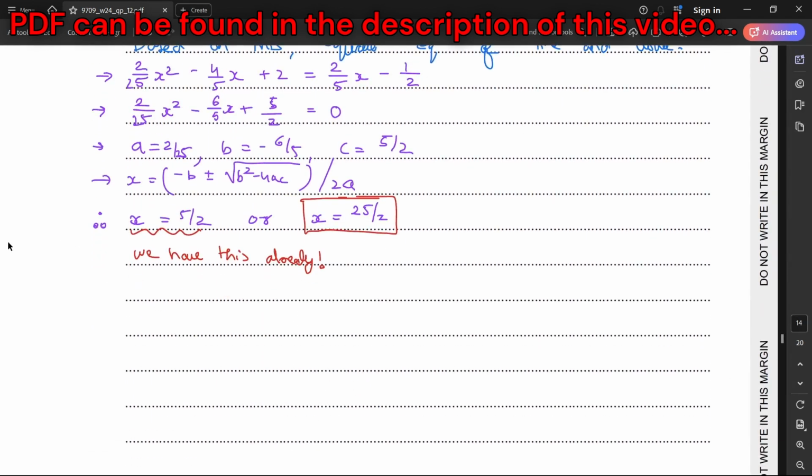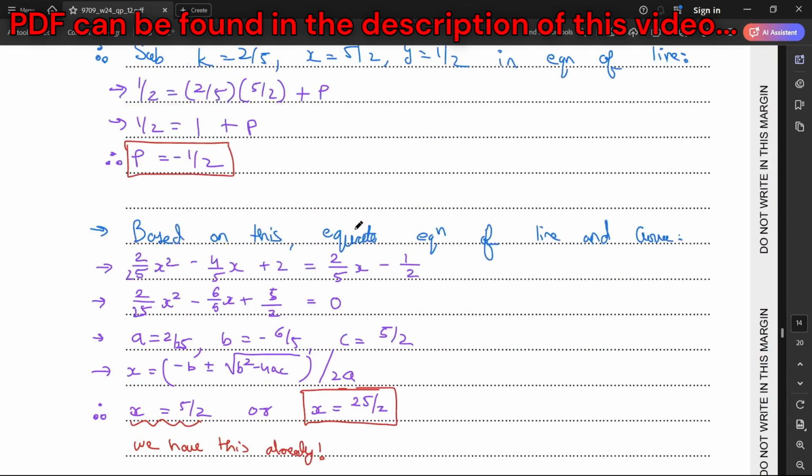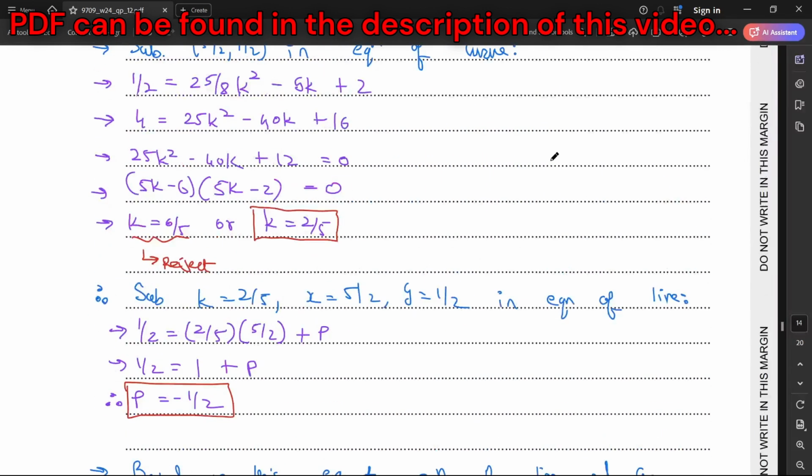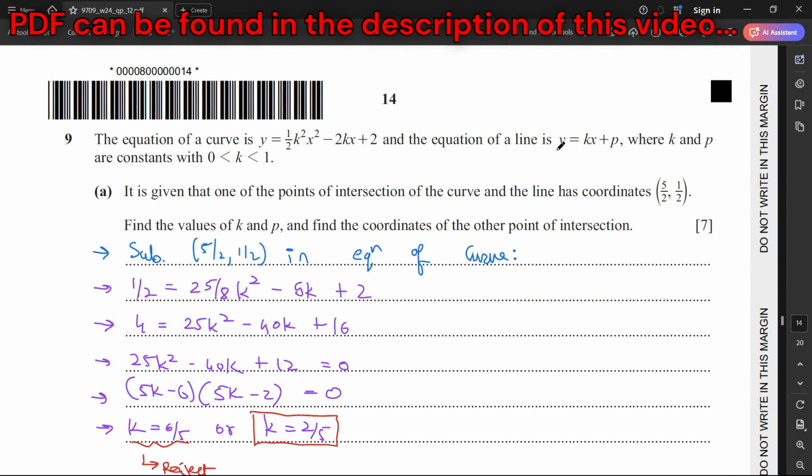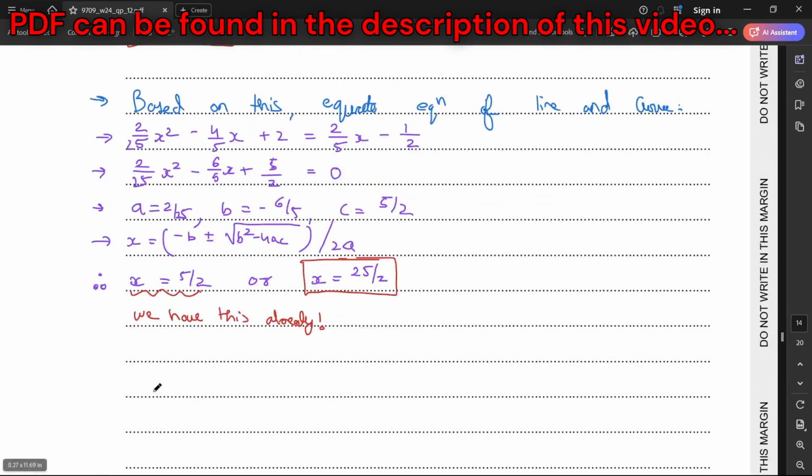And now what I'm going to do is, to find the y value, I'm going to use my x is equal to 25 by 2 in this equation to get the value of y. So substitute x is equal to 25 by 2, k is equal to 2 by 5, and p is equal to minus half in the equation of line.